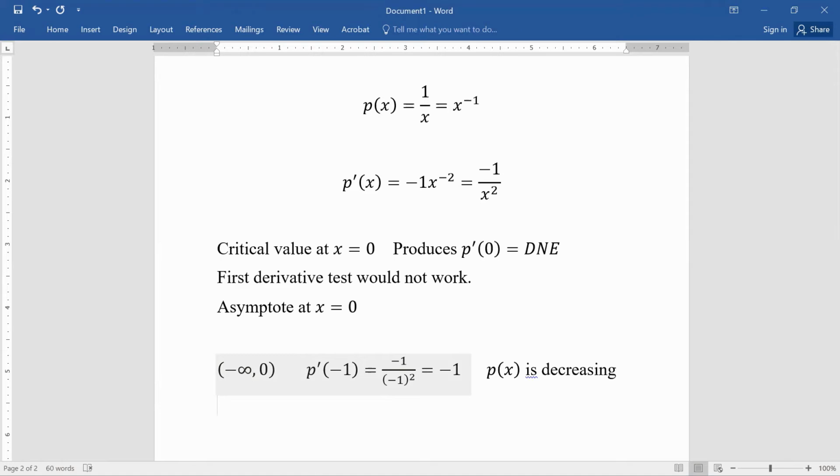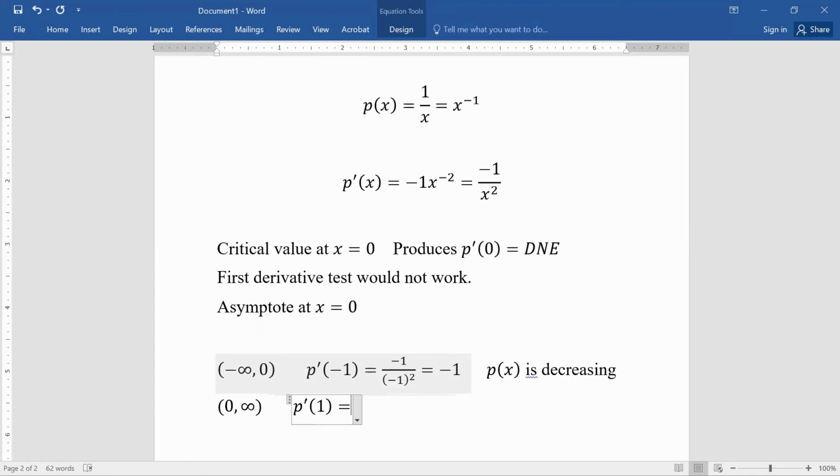From 0 up to positive infinity, we can find whether we're decreasing or increasing there by plugging in a positive number. I'll plug in a +1.